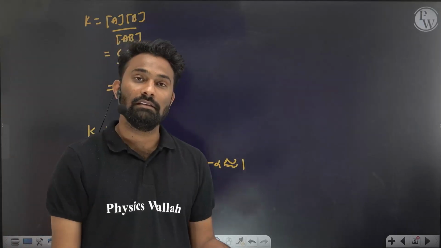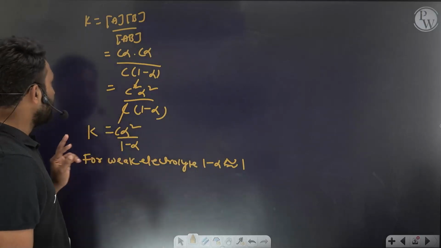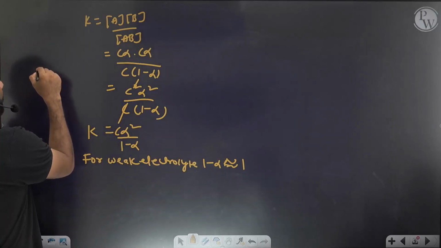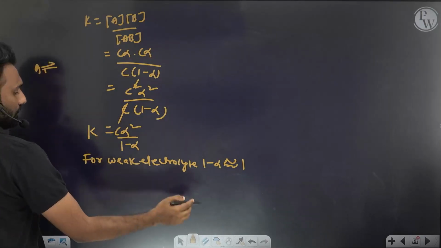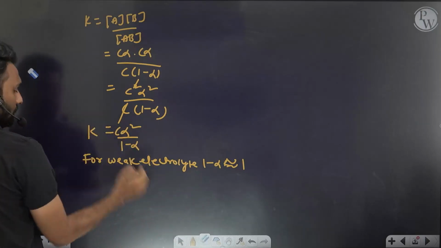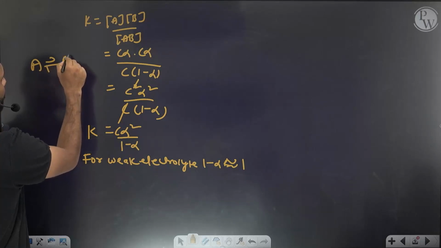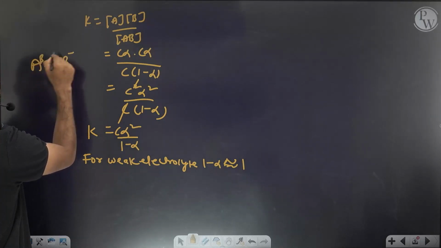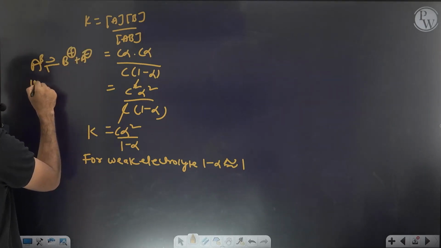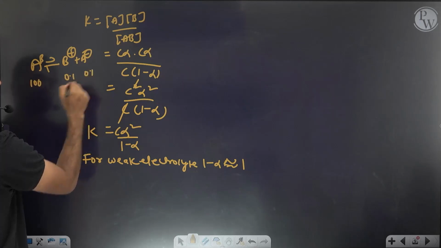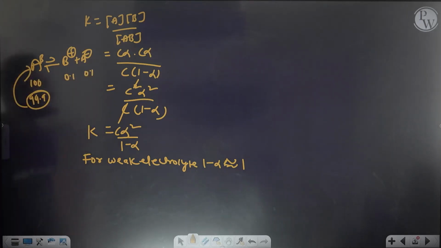Why? Look here, in a weak electrolyte, let us assume AB gives rise to B plus and A minus. If you take 100 moles, 0.1 mole dissociates, and the remaining 99.9 moles are in the form of reactant only.